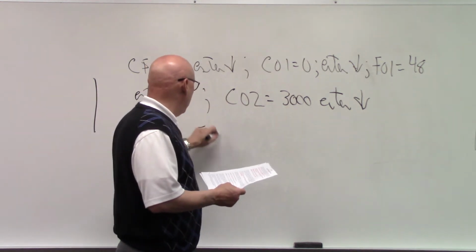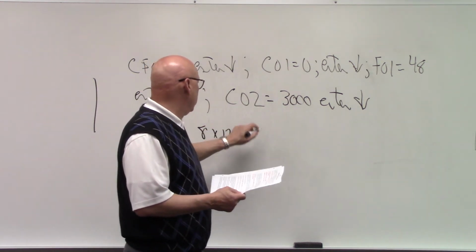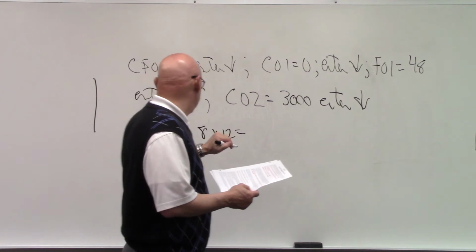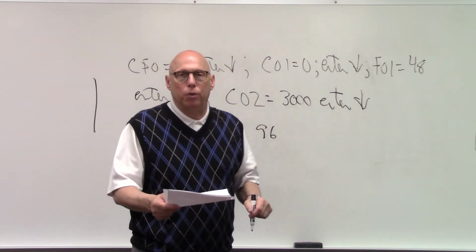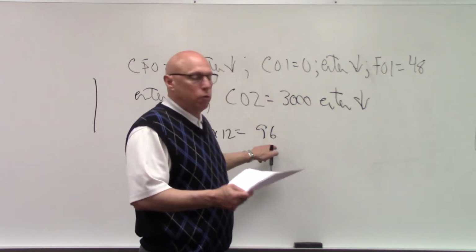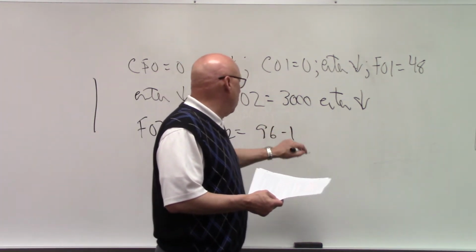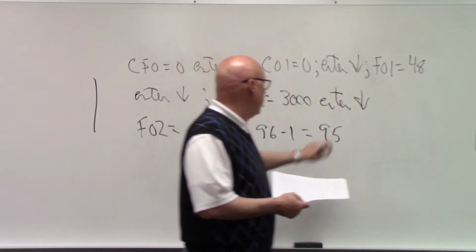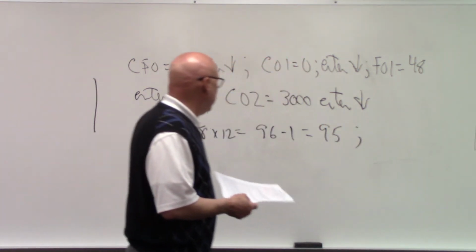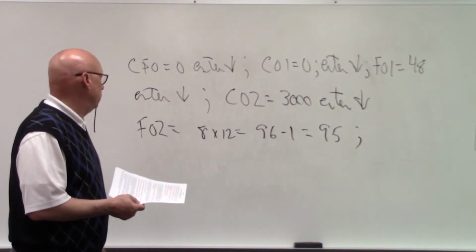So 8 times 12 equals 96. But in that last month, you're also going to get an extra $50,000. So we're going to take 1 off of that, 95 months. Okay? You'll get $3,000.